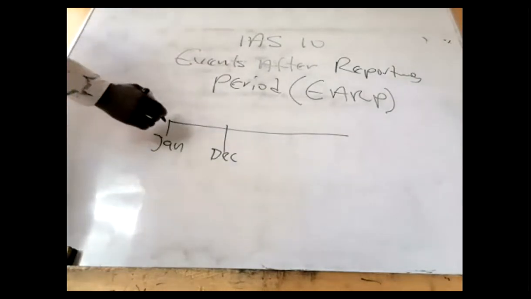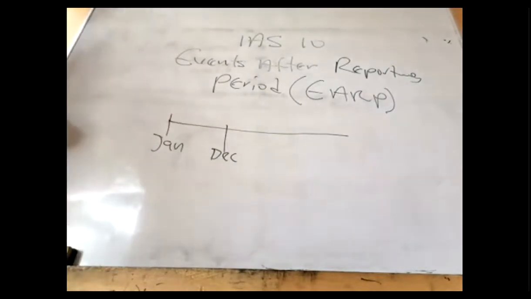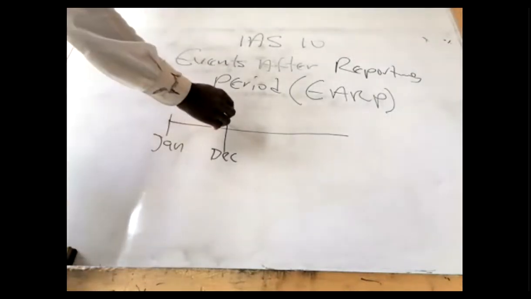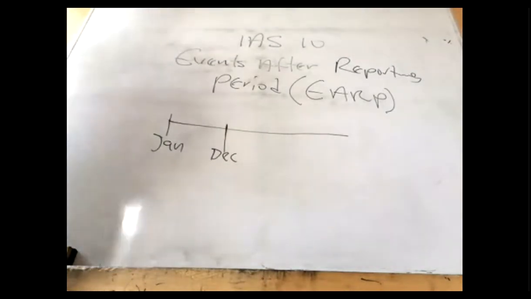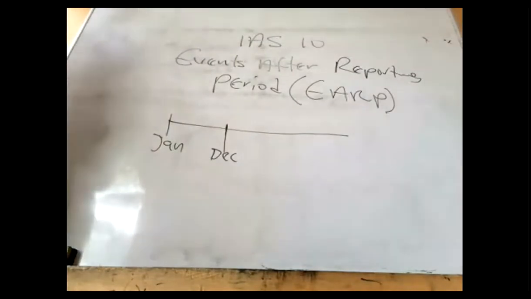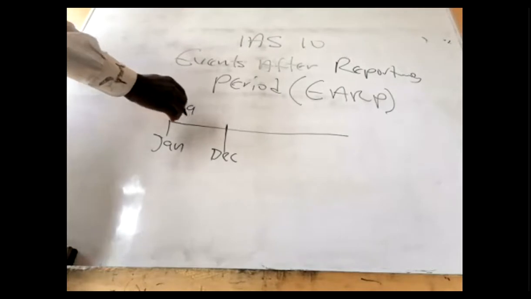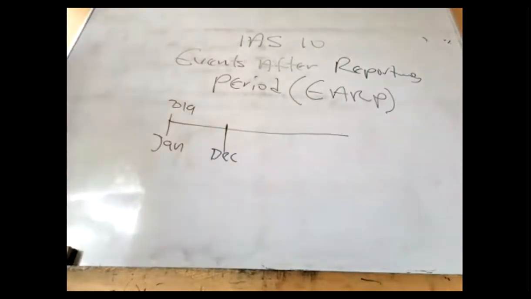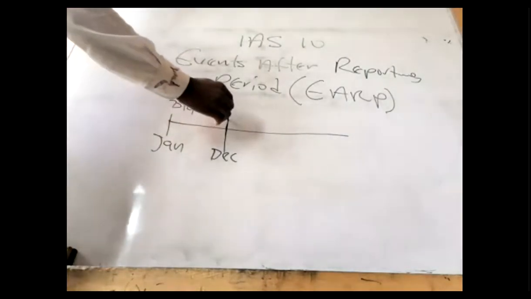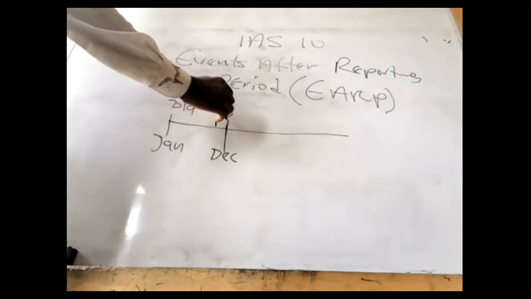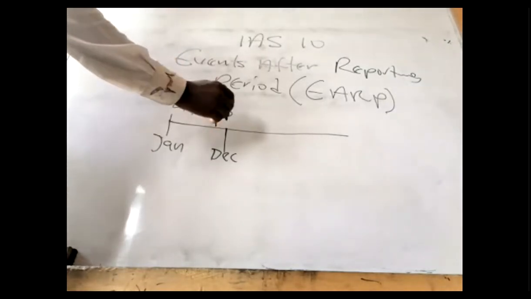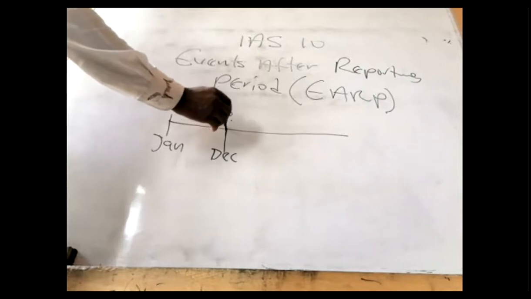So our financial year starts here, January, and we end at December. So when do you think they will prepare the financial statements? I'm just assuming that this is the 2019 financial year. That means they prepare the financial statement as at this date.